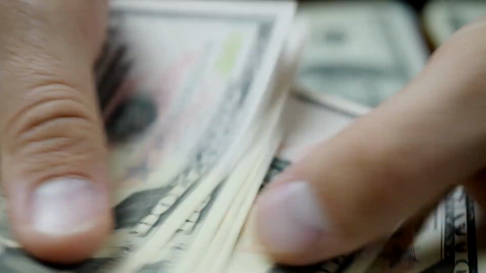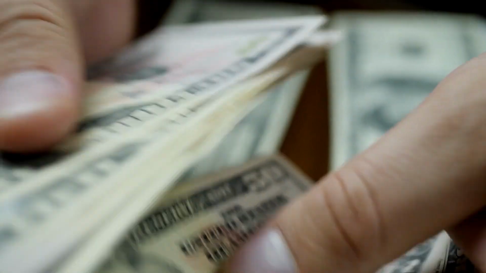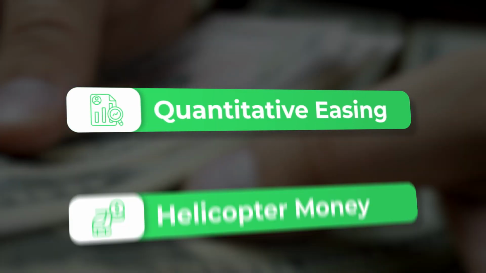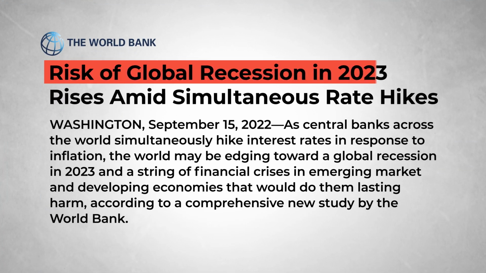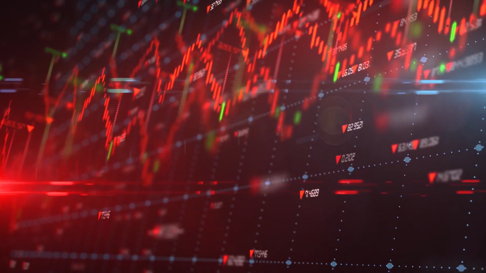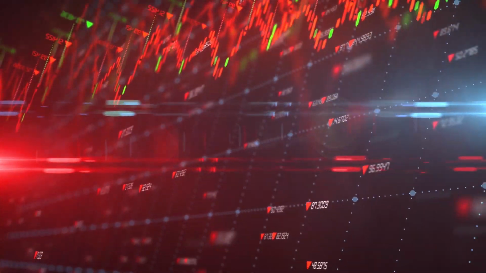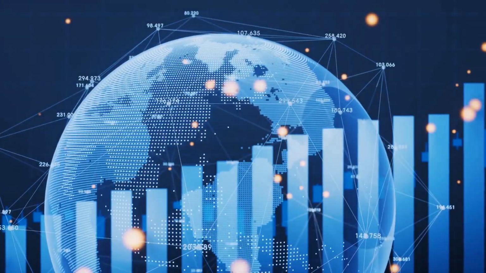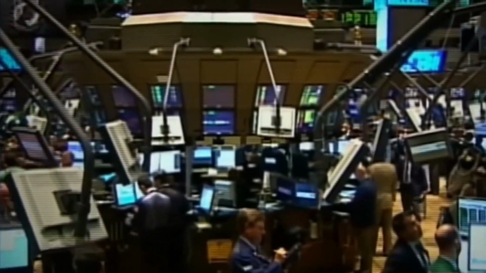And because of this uncertainty, central bankers have started trying out new ways to handle money, like quantitative easing and helicopter money. The world might suffer a global recession in 2023, and when this happens, the central banks will play a major role in reviving the global economy, as they did in 2008.